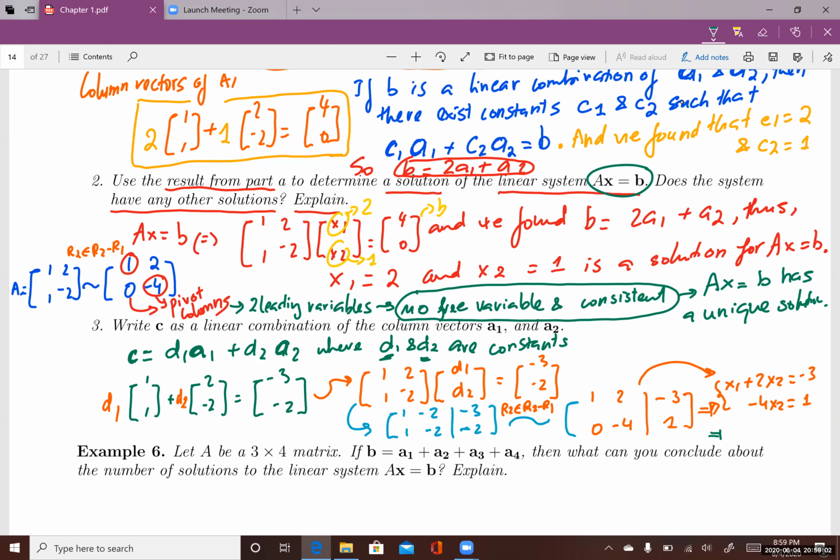So x2, from this equation, x2 equals -1/4. Well, how about x1? x1 equals -3 minus 2x2. So -3 minus 2 times -1/4 equals -3 plus 1/2. You get -5/2. Okay, so x1 equals -5/2.